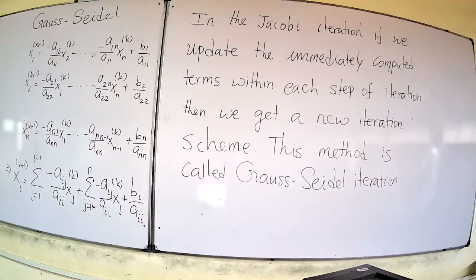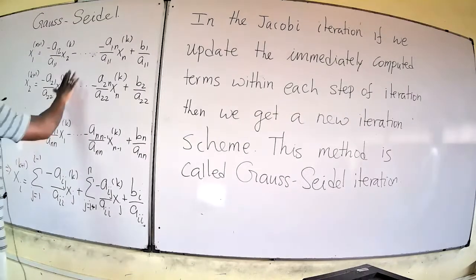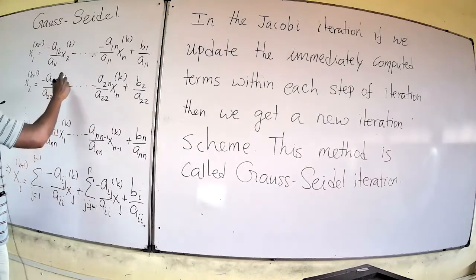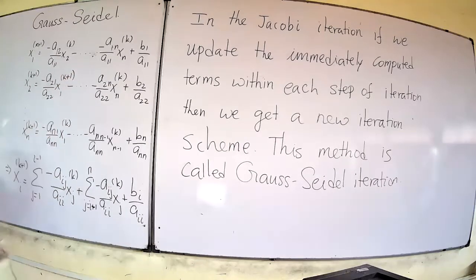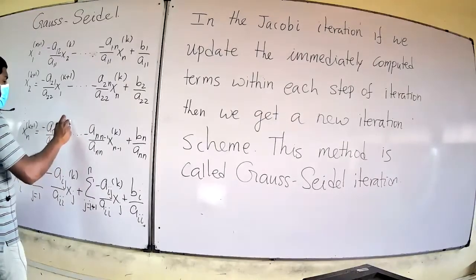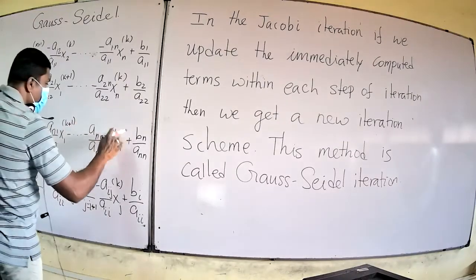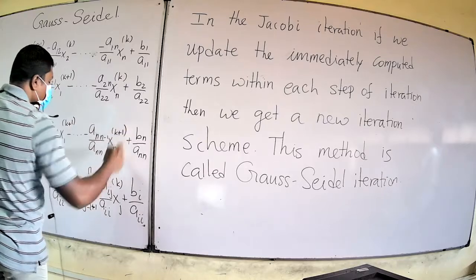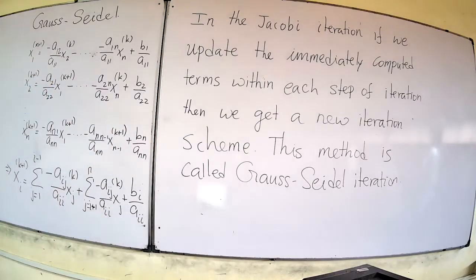But to compute x2 k plus 1, you can update this with k plus 1. Similarly for x3 k plus 1. When you come to xn k plus 1, you know that all the terms you have computed just now, so you can update all of them.